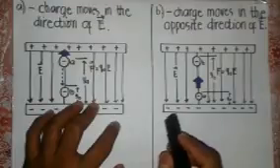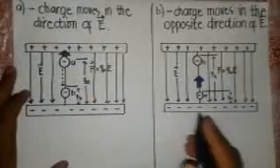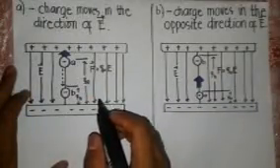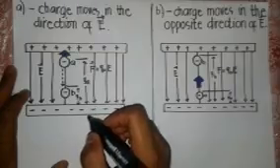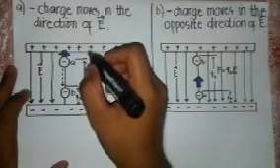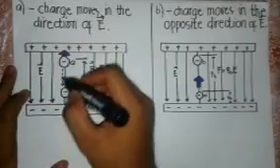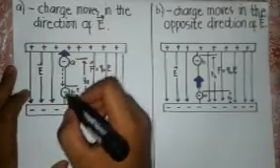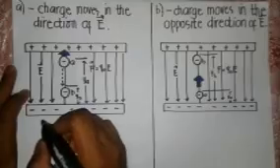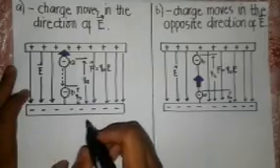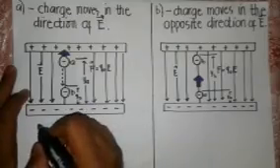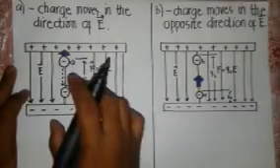So when our negative charge moves in the direction of our electric field, so it is moving along with the direction of our electric field, the field does negative work on the negative charge, and then our potential energy increases.